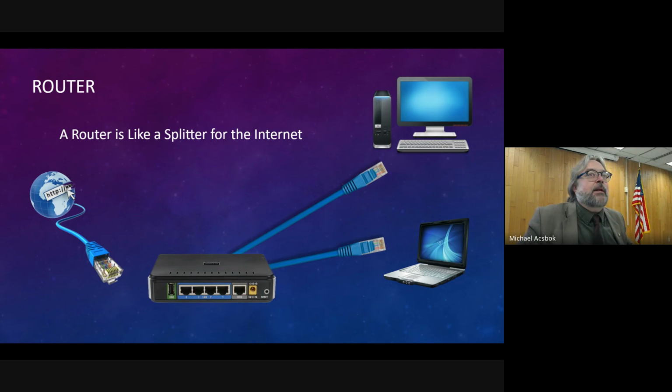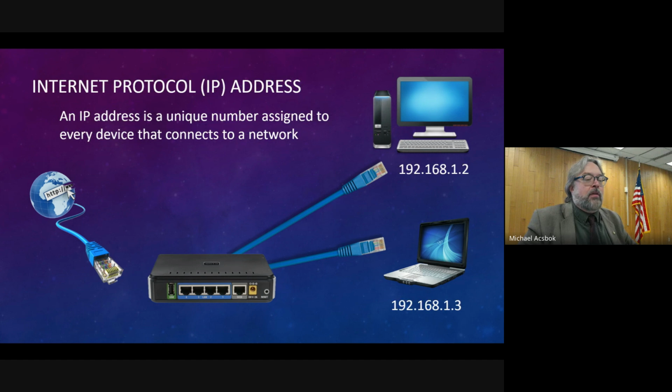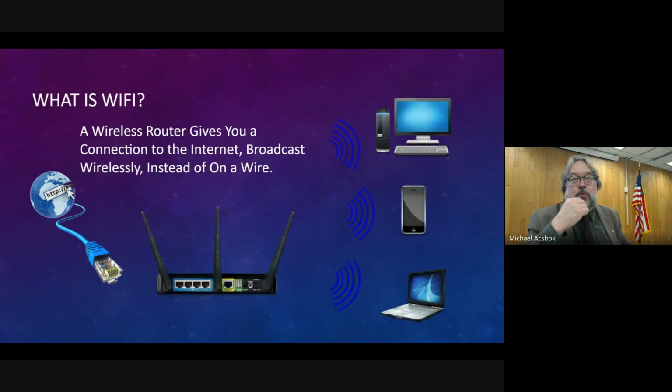So what they ended up doing is they came out with a wireless router. With a wireless router, you can still see those little plugs in the back of it. You can still plug a wire into a wireless router, but they also have little antennas, and the same data that goes over that wire is now broadcast like an FM radio out of these antennas, and there's a receiver in your laptop and in your phone that can receive it wirelessly.